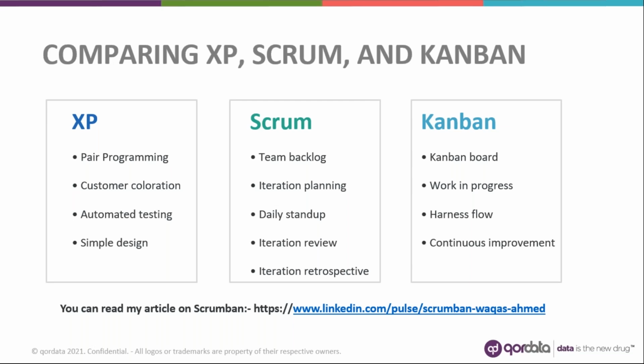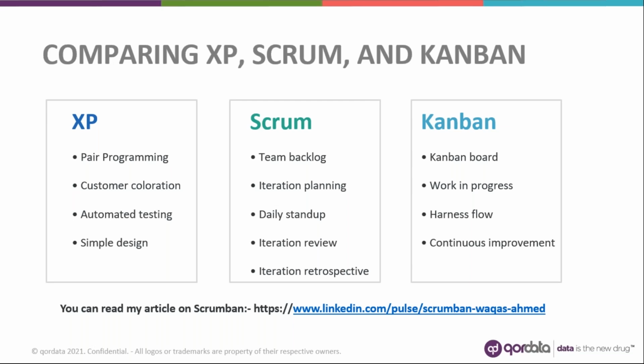So let's have a comparison among XP, Scrum and Kanban. The highlighting points for XP: it deals with pair programming, and it also has automated testing and simple design. Scrum deals with the team backlog and action planning.